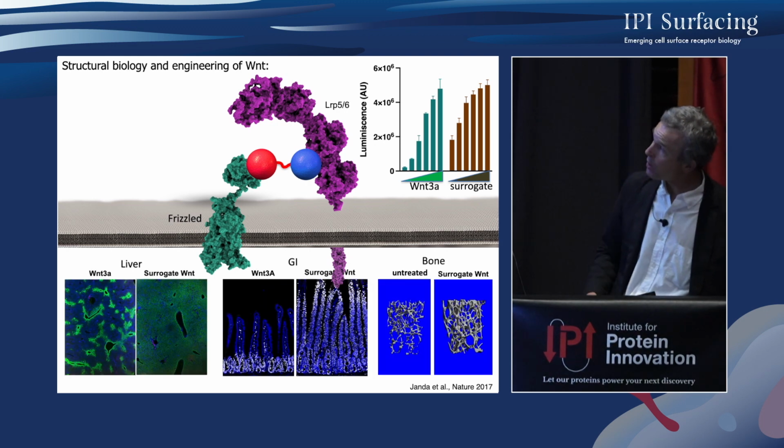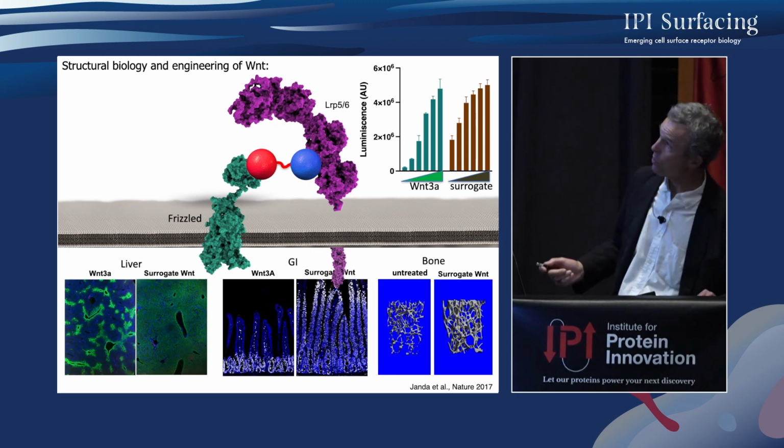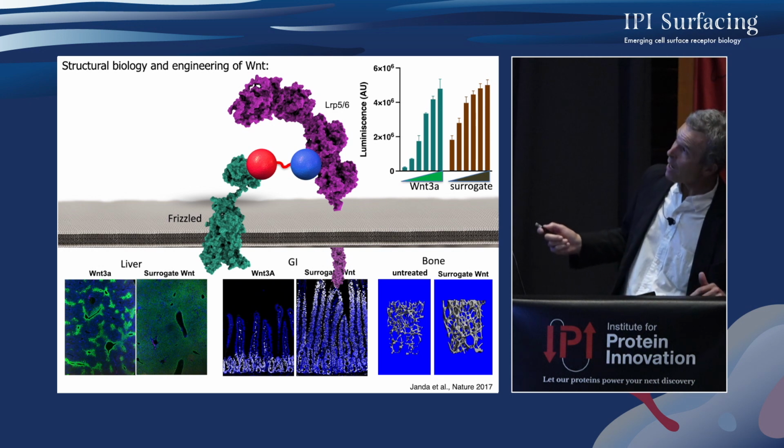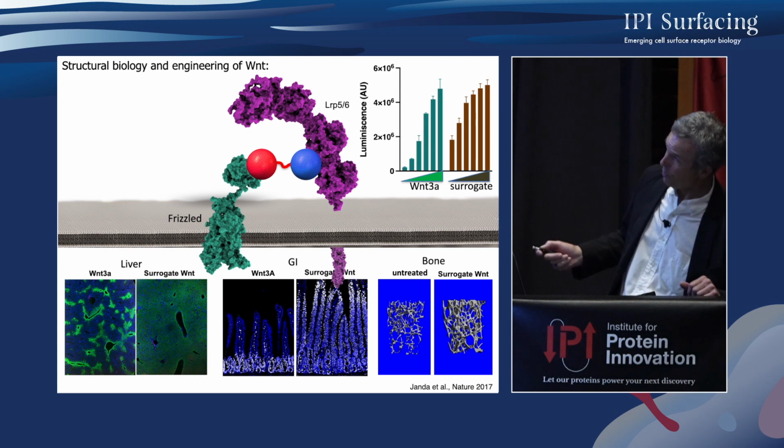And the first generation of these molecules were active in every way Wnt was. They were systemically active in the liver, you can see. They had better biodistribution than Wnt, which really doesn't biodistribute very well, obviously, because it's lipidated, and they're particularly potent in bone growth and in the GI in activating stem cells.